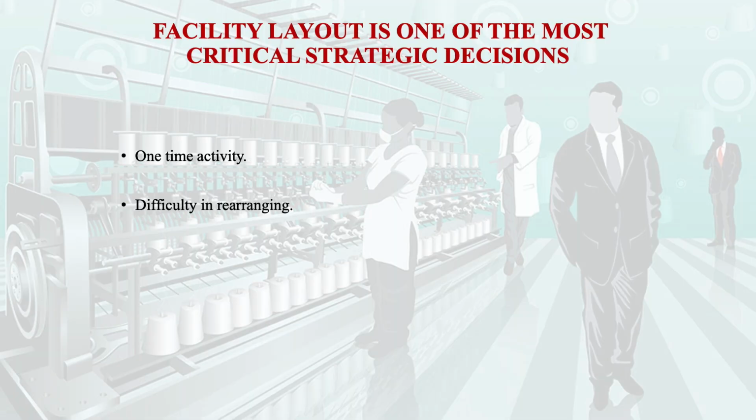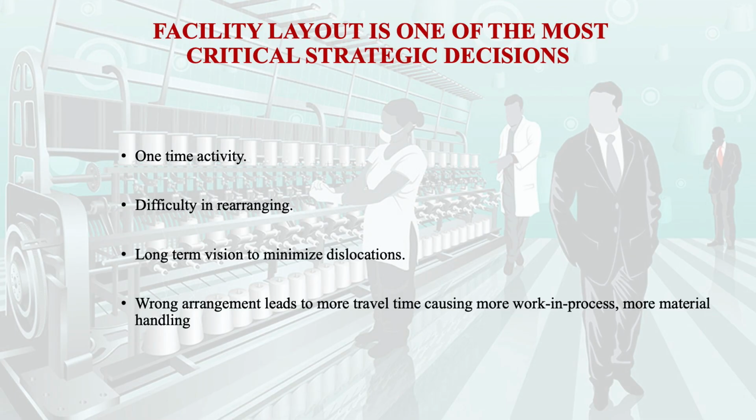Similarly, your school or university, the facilities you keep in different places are not going to change. If you have arranged it, it is very difficult to rearrange it. Similarly, it involves a long-term vision because dislocation should be avoided. Wrong arrangement leads to more travel time, causing more work in process and material handling.